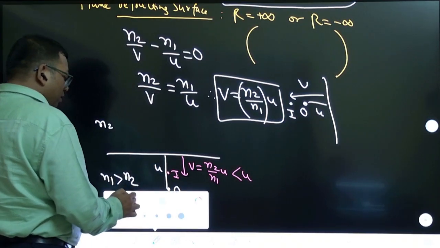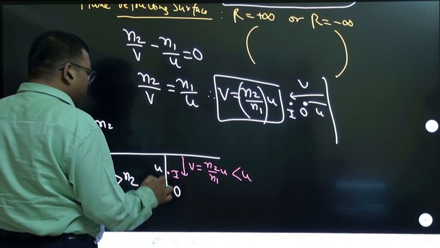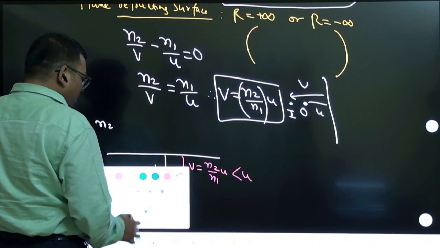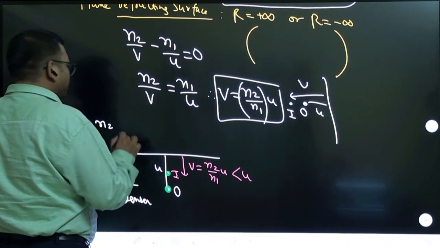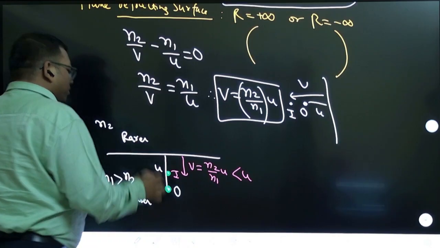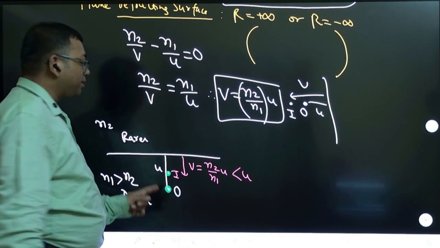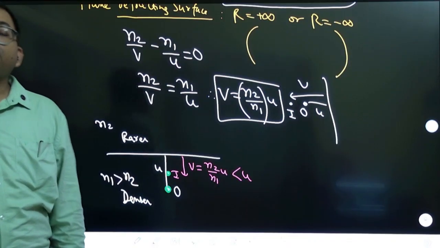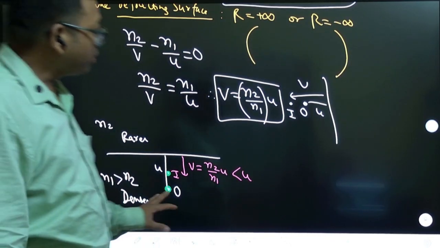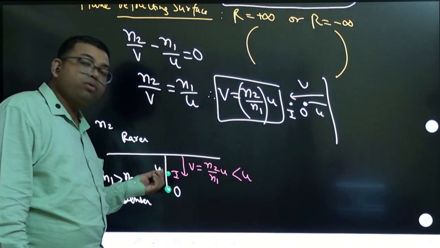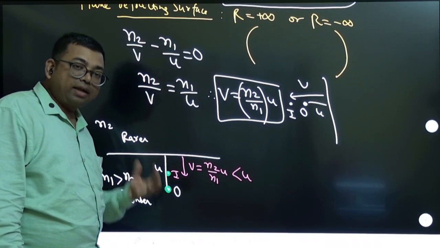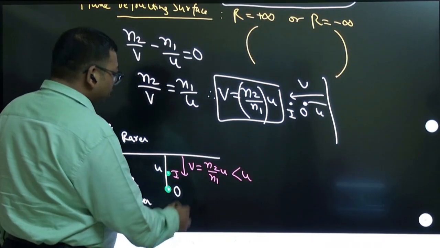That means if this is the object, then this is the image. I am taking this as the denser medium and this as the rarer medium. So the image is shifting a little bit above the object. This is the example of water and air. If an object is inside water, its image will look closer to the surface. That is the important idea.